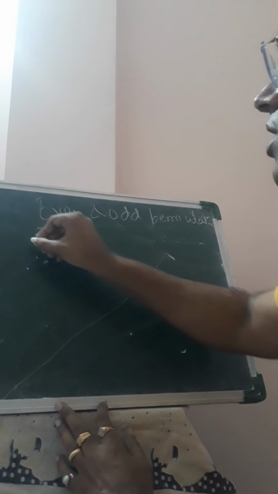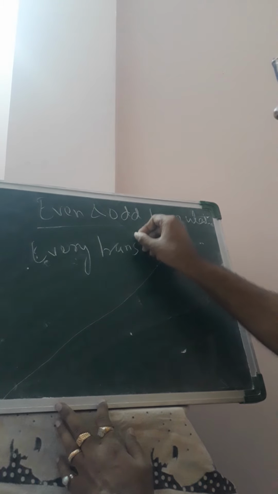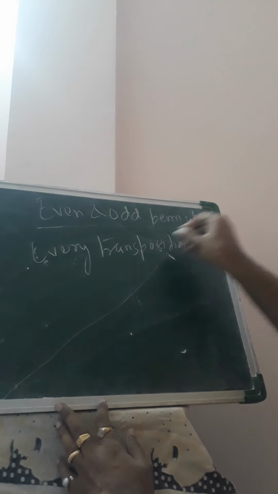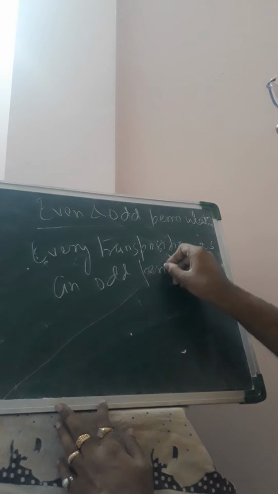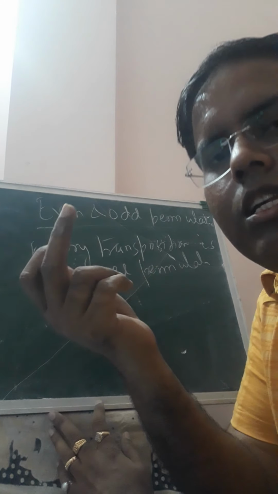Now, every transposition is an odd permutation. Why is it an odd permutation? Since it can be expressed as a product of only one transposition.